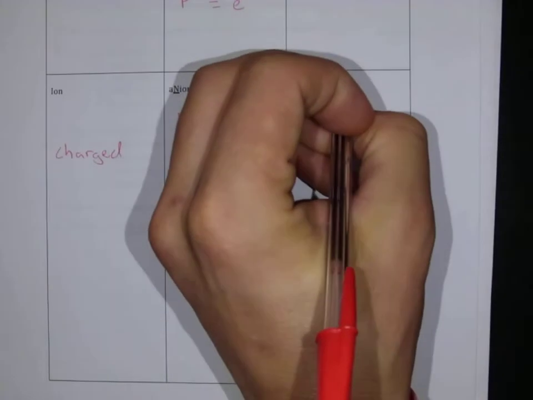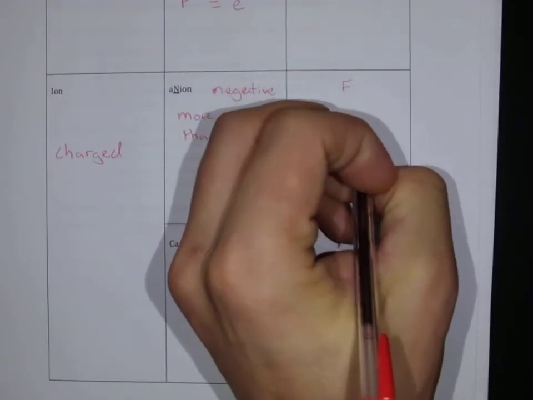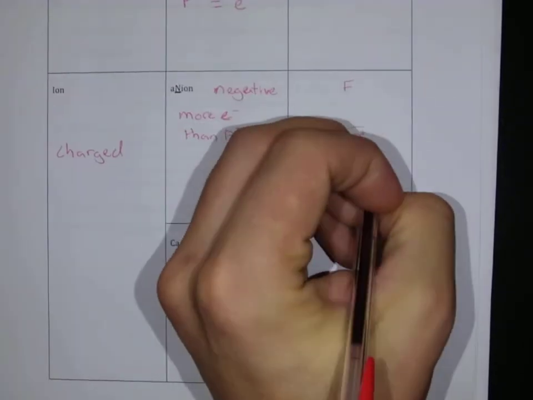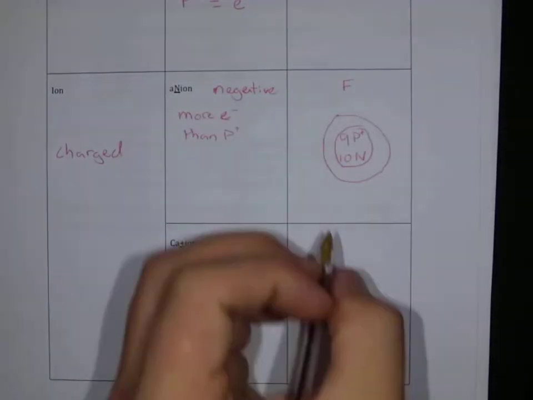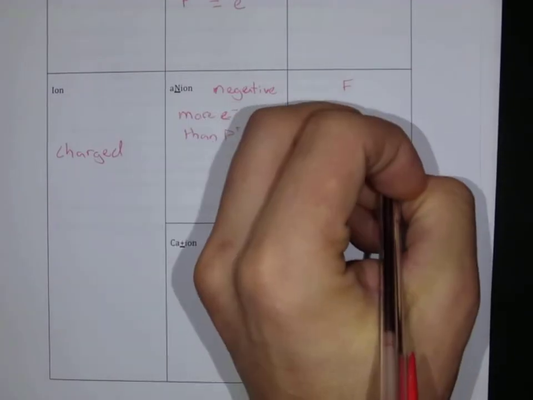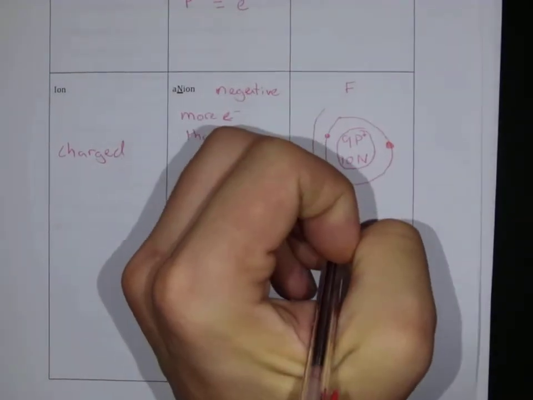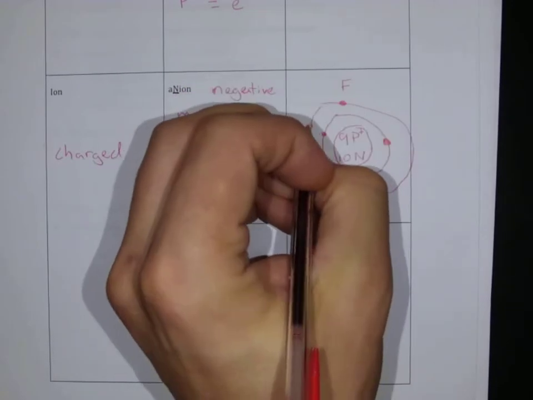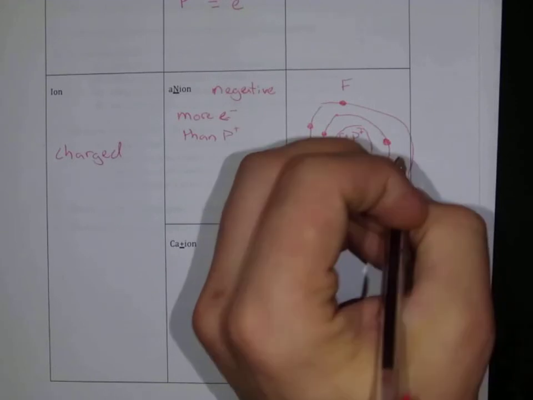So an example for this is going to be fluorine. Fluorine has 9 protons and 10 neutrons in the nucleus. Okay? And then it's got, in the first energy level, 2 electrons, 1, 2. And then in the second energy level, it's got 8 electrons, 1, 2, 3, 4, 5, 6, 7, and 8.